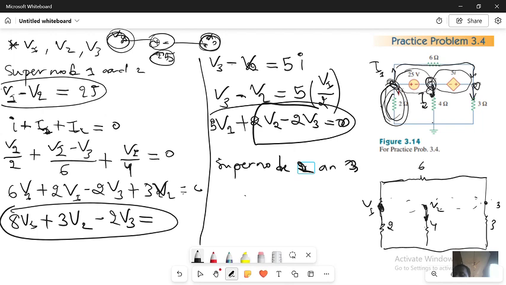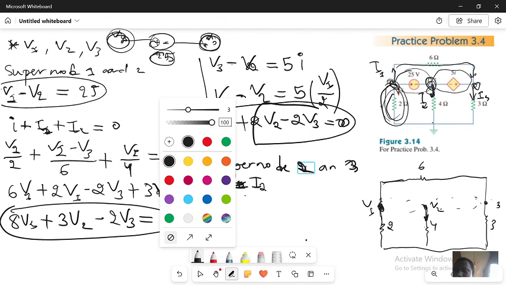In this node, I have only this current entering here, but there is no current entering here. So I will have only this I1 equal this I2 plus I3. The value of I3 is this one, because it is leaving both nodes.